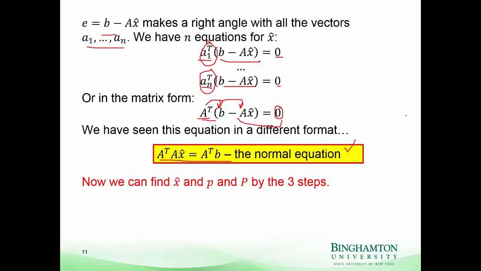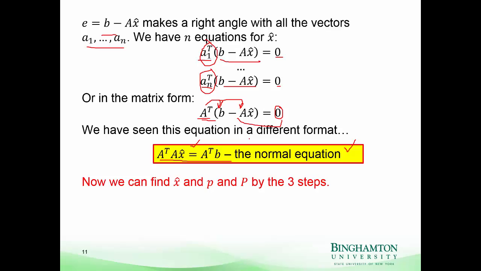Now, we can find x hat and p, little p, the projection itself, and big P, the projection matrix, by the 3 steps, starting from here. This has already established the criteria. This is the criteria. X hat is the solution to this set of equations.